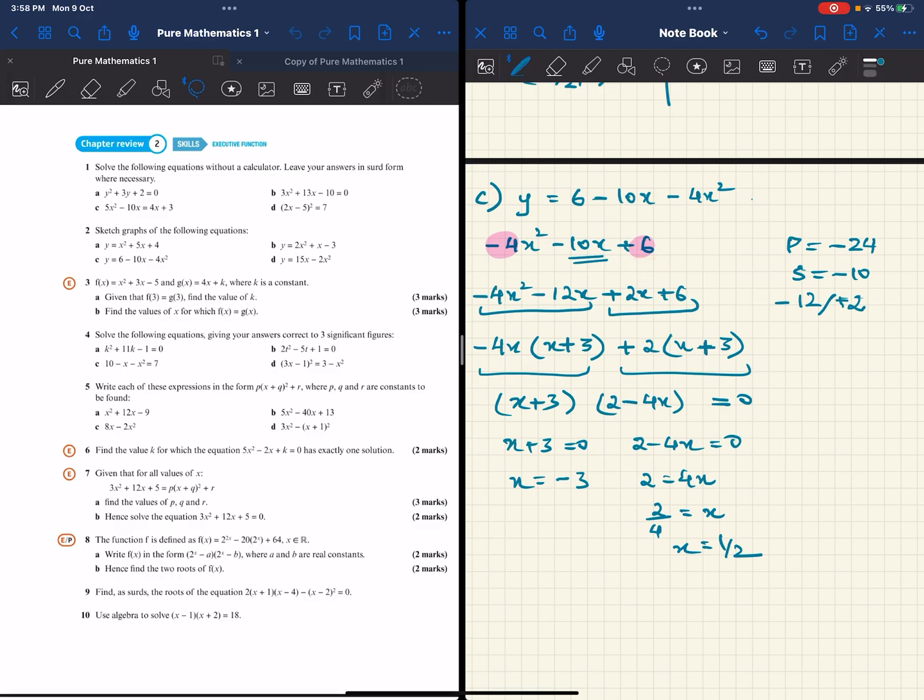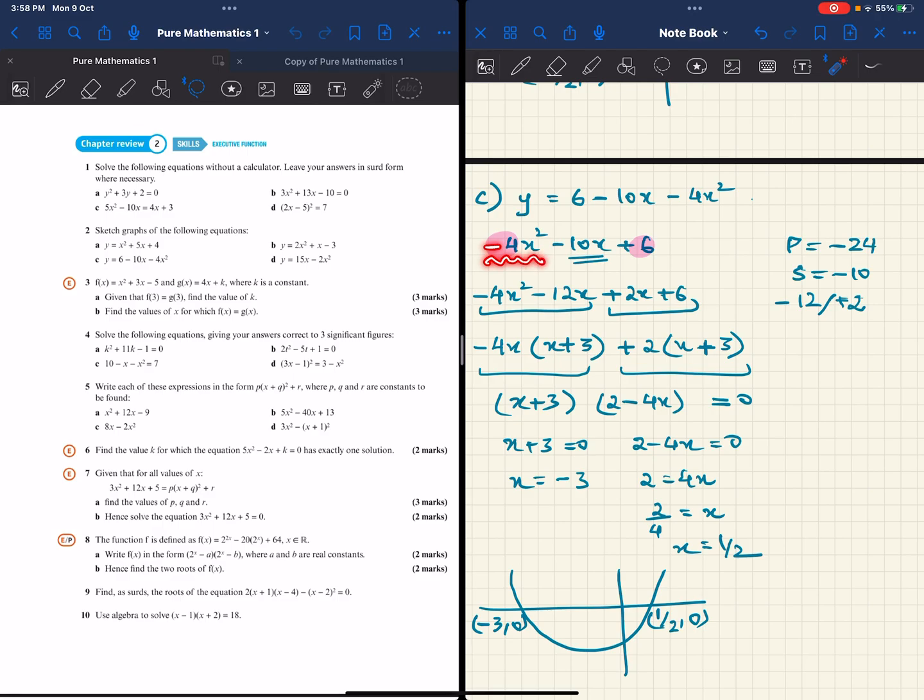Let's sketch the curve. We have, this is half comma 0, and this is negative 3 comma 0. And the y-intercept. Now, this is a quadratic expression which has a negative coefficient of x squared.